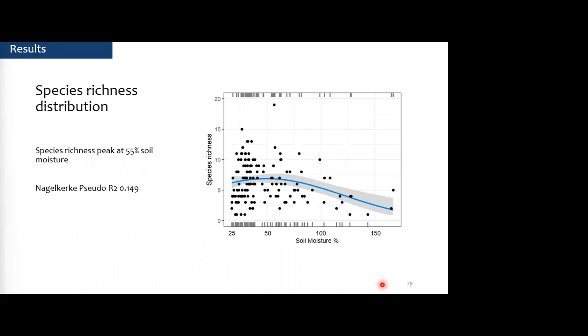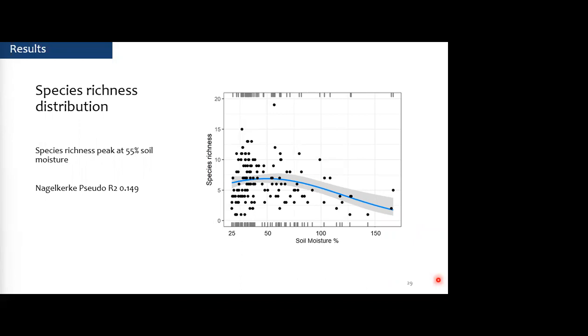So in this first model, I used logistic regression to assess the relationship between soil moisture percentage and species richness. And this blue line represents the modeled relationship, and the gray is the 95% confidence interval.